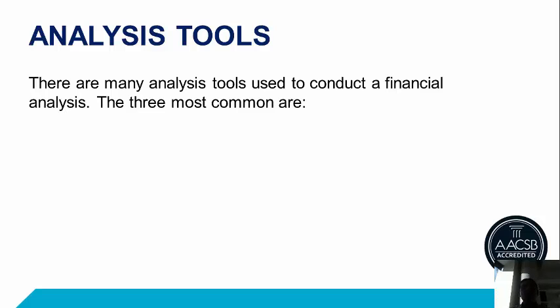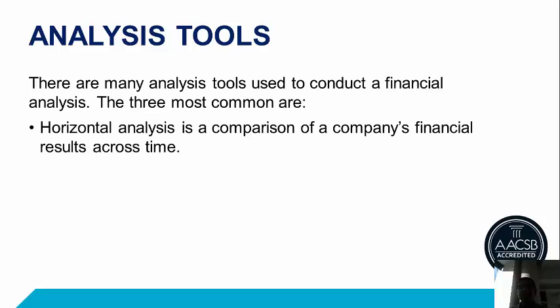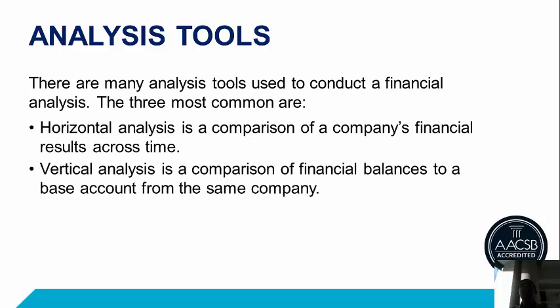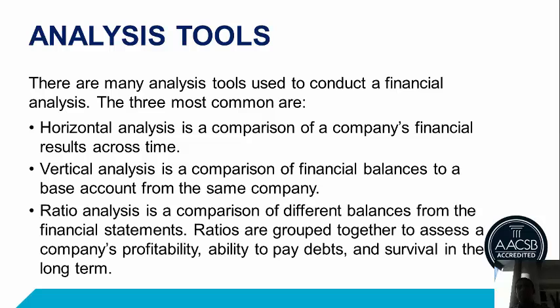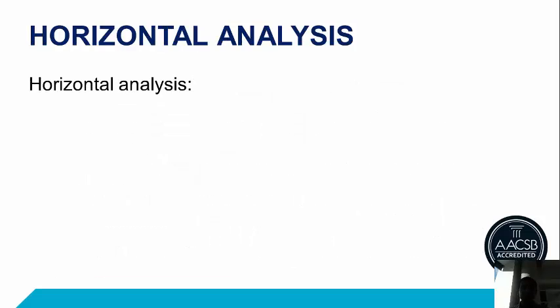So the three most common analytical tools, and you'll probably have gleaned this from the start of my lecture, from the recording today, is horizontal analysis, vertical analysis, and finally, ratio analysis. Now, we'll touch on horizontal and vertical analysis, but for the majority of Lecture 2 and the entirety of Lecture 3, we'll be doing ratio analysis.